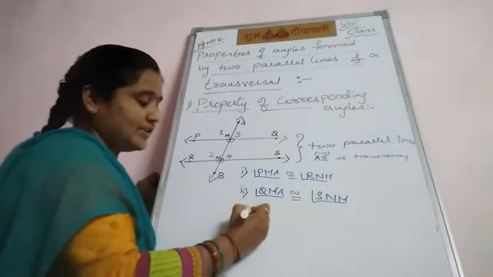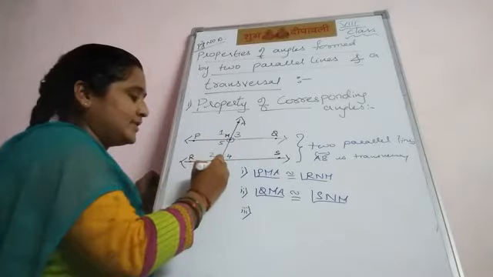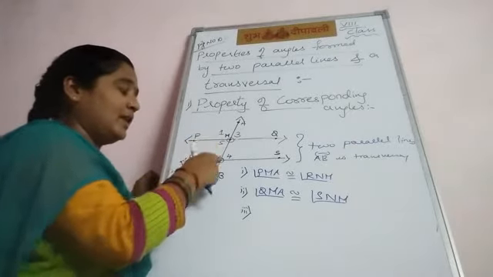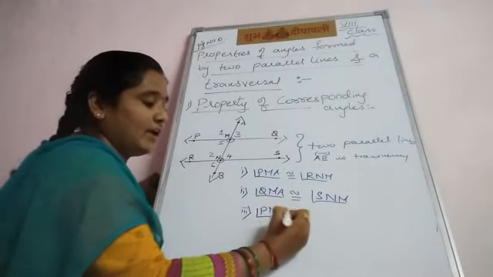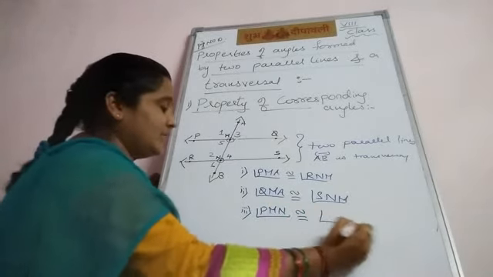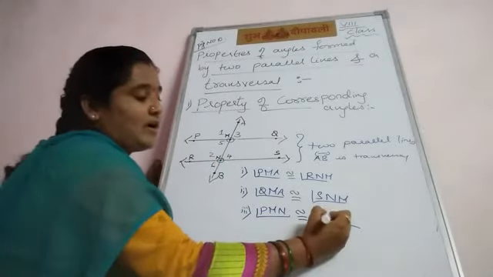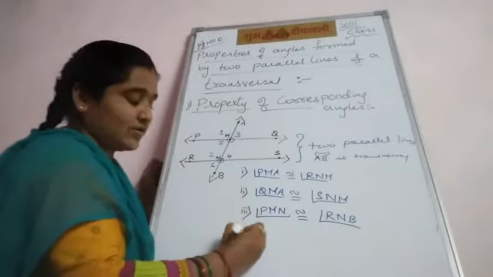Now coming to the third pair. Third pair 5, 6. Angle PMN is congruent to angle RNB. These two angles are congruent.